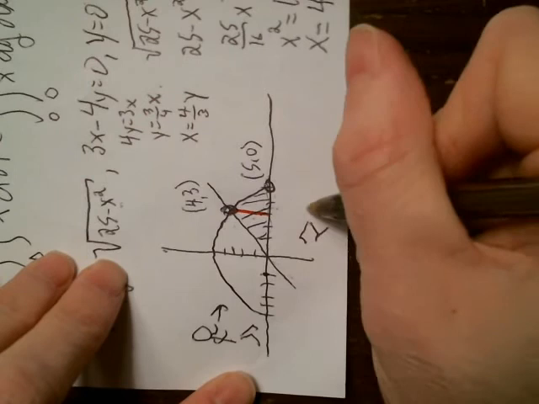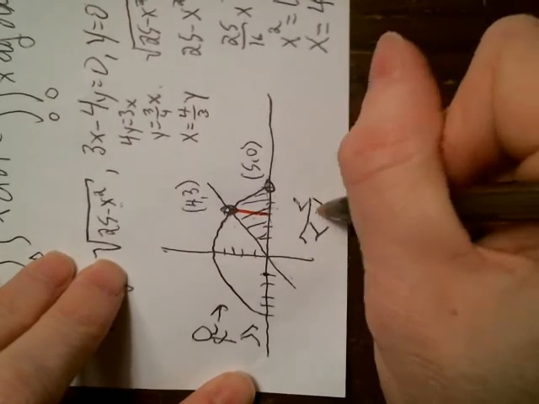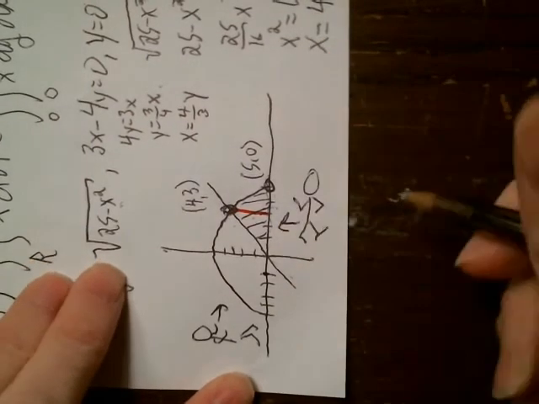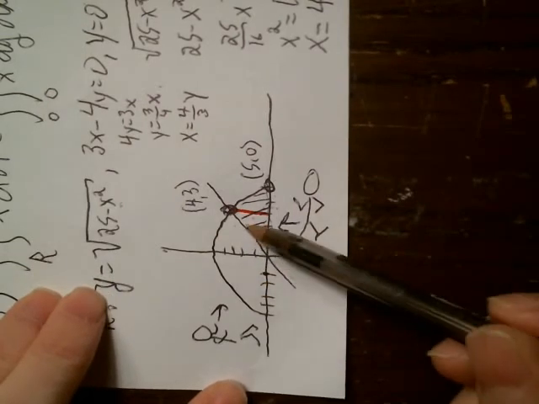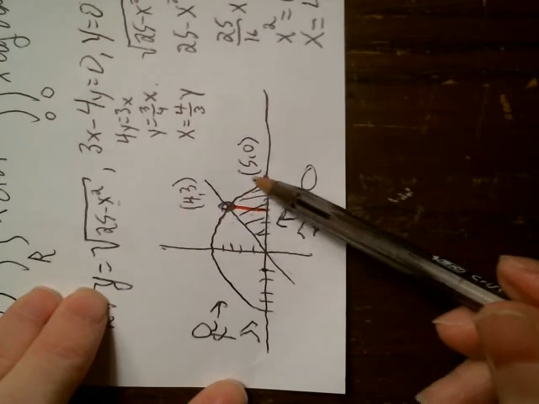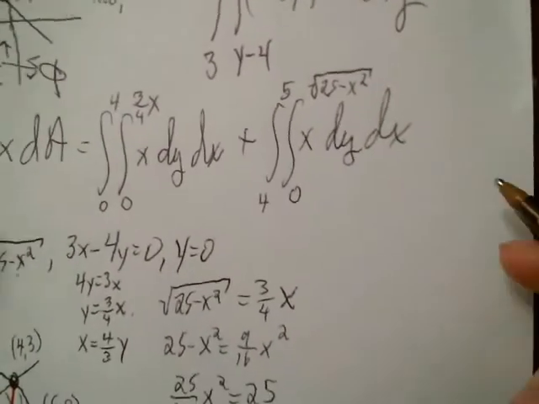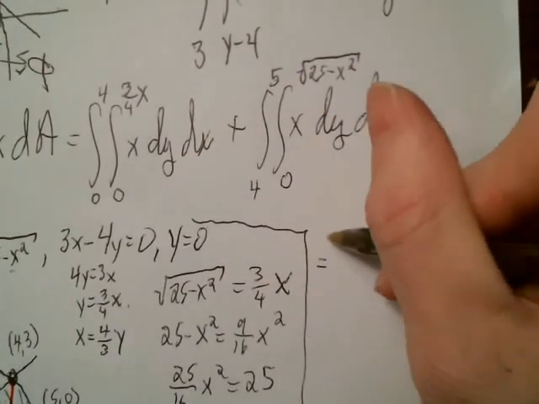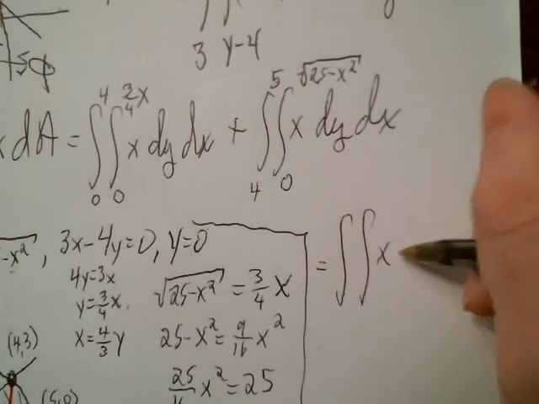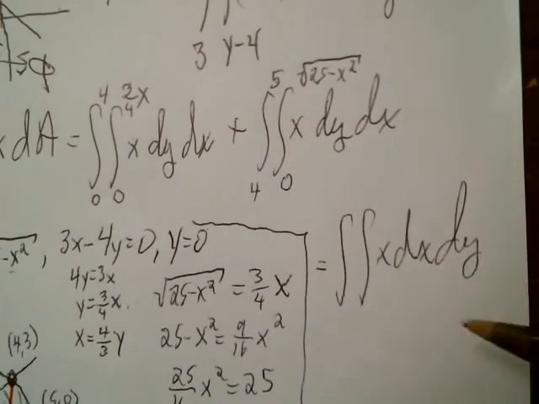So we want to do this job here. And it's nicer, I think, right? So the bottom curve is always going to be this line, and the top curve is always going to be this. So it'll just be one integral in the other orientation. Should let me quarantine all that junk. I got a double integral of x dx dy.